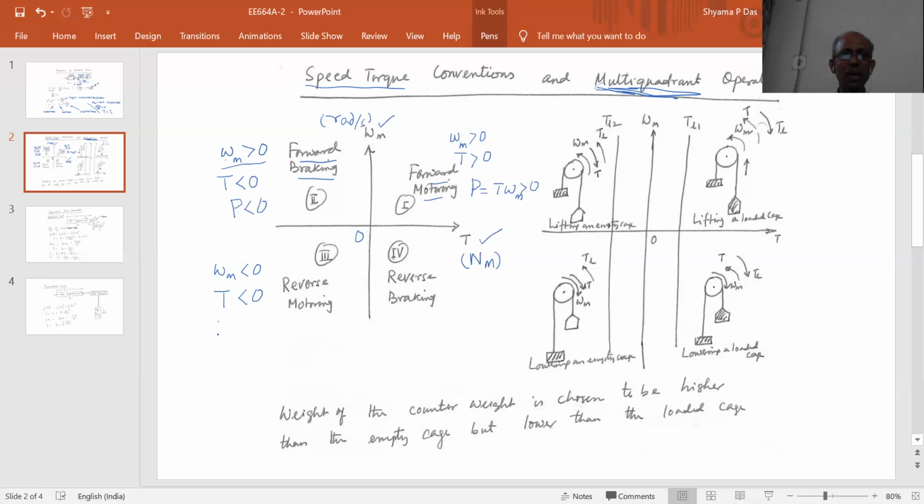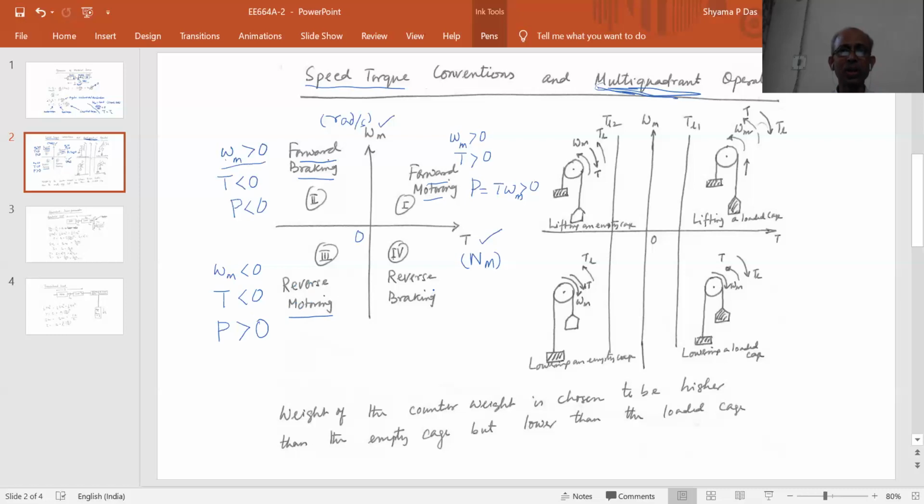So what about the power? The power is the product of the speed and the torque, so the power is positive. Whenever we have positive power, we have motoring. It means the motor is running in the opposite direction. The speed has become negative, and hence we can say that the motor is running in the opposite direction.